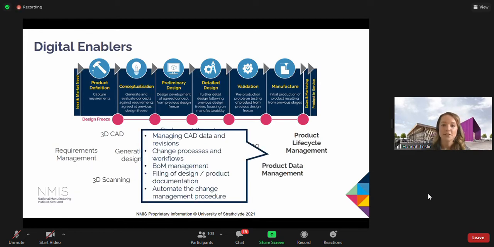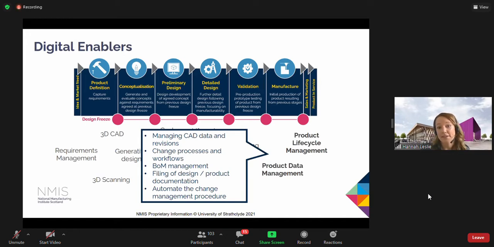And finally, product data management, PDM, and product lifecycle management, PLM software are commonplace in industry. PDM is specifically for managing CAD data and revisions, and allows checking in and out of documents to ensure only single users are editing at once.